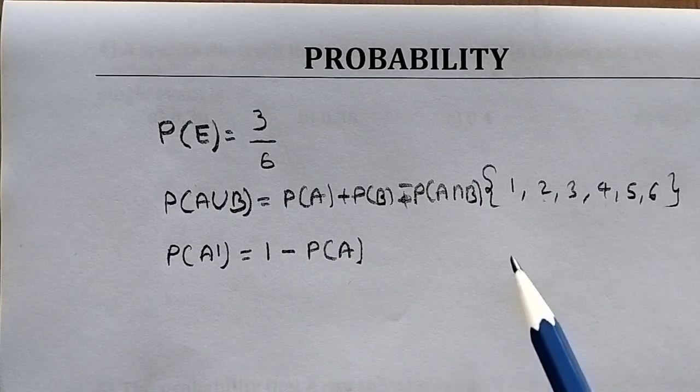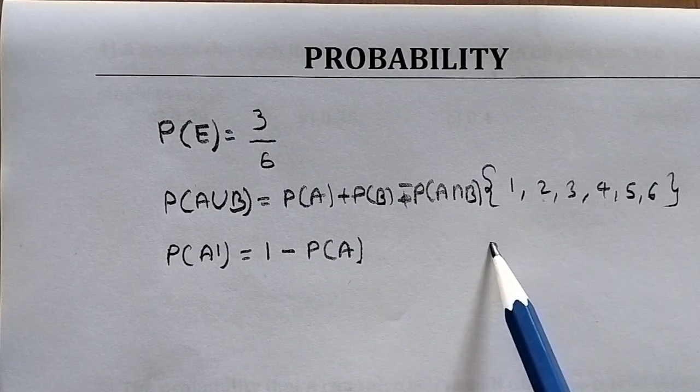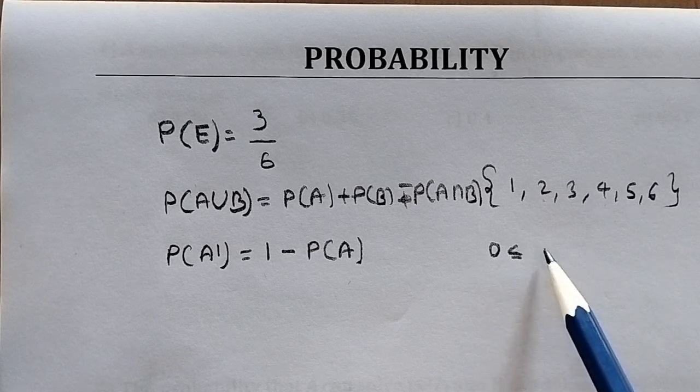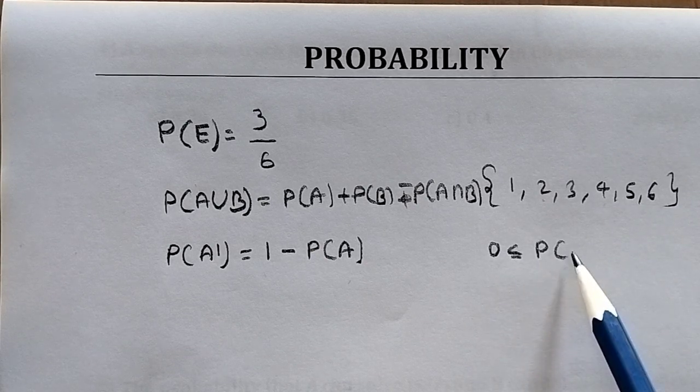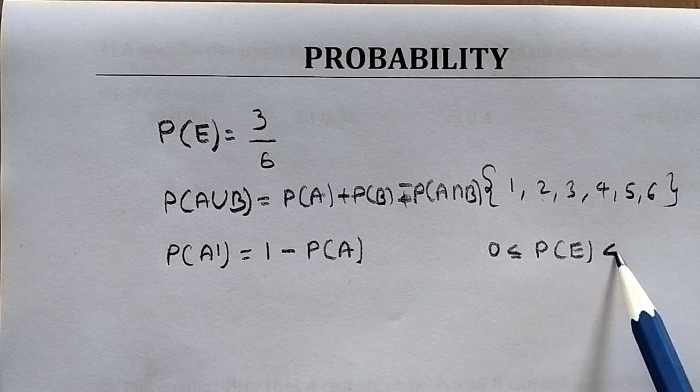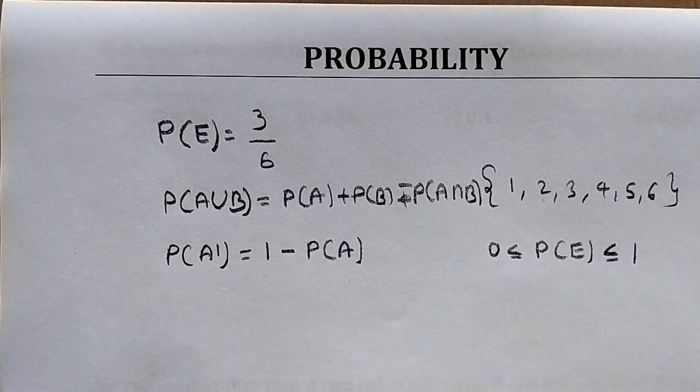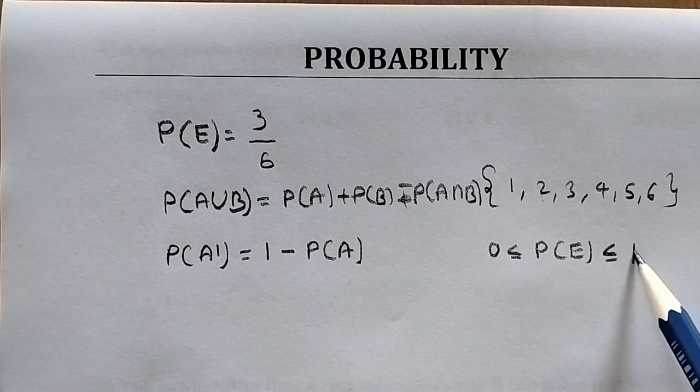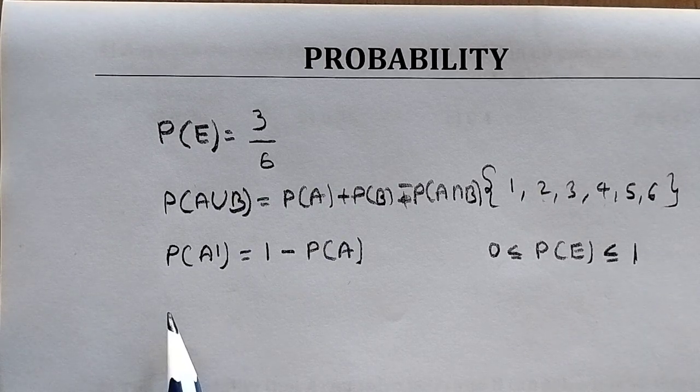We all know that the minimum probability is 0 and the maximum probability is 1. So when we are finding the probability of any event, the maximum probability is 1. We have a few more formulas, but those are not needed here.